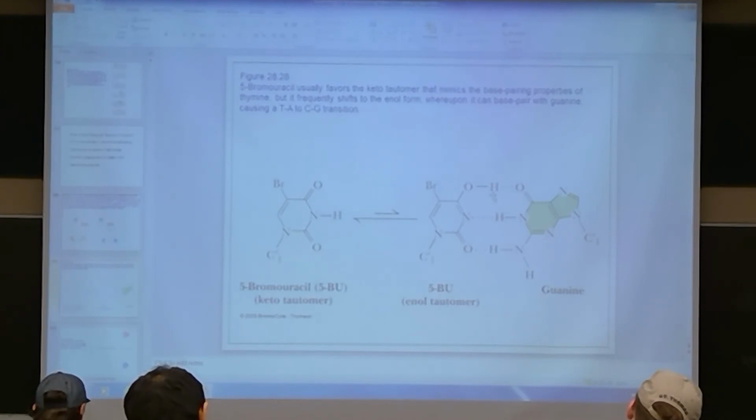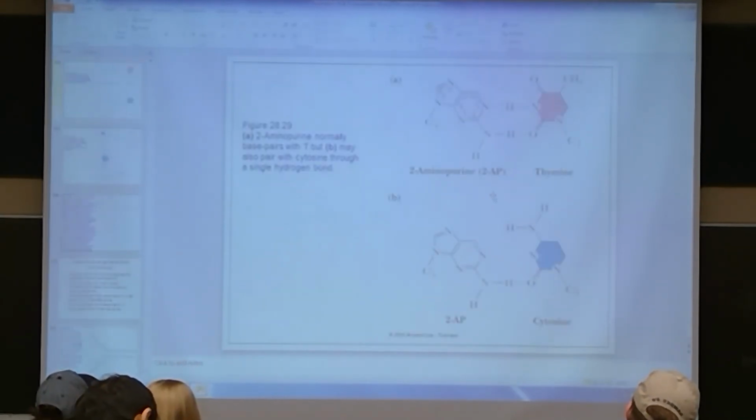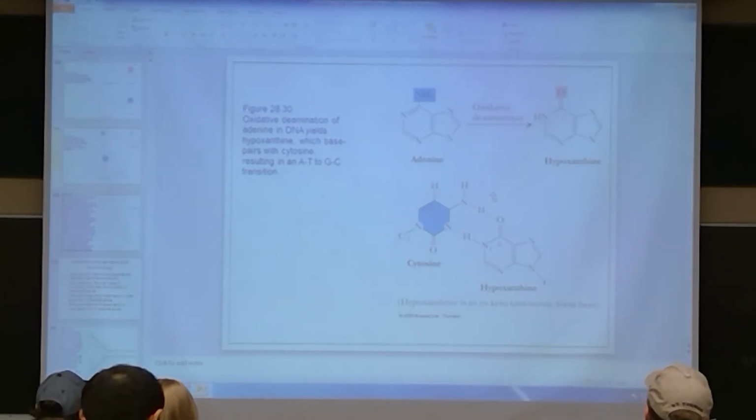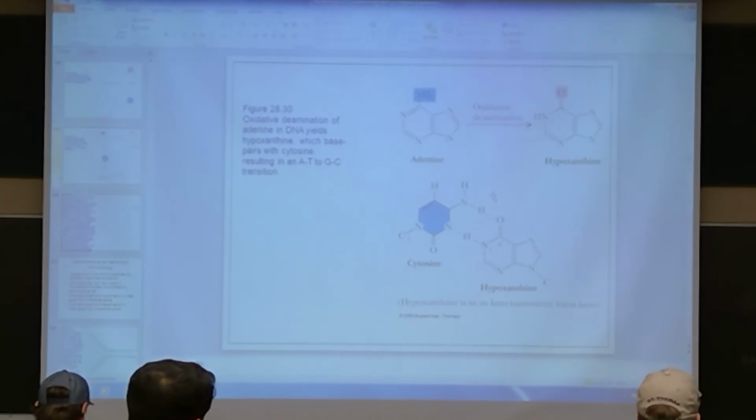If you treat the cells with 5-bromouracil, what happens? 2-aminopurine is a mutagen. What happens? Oxidation of adenine produces hydrogen. So you want to know the result of these mutations.